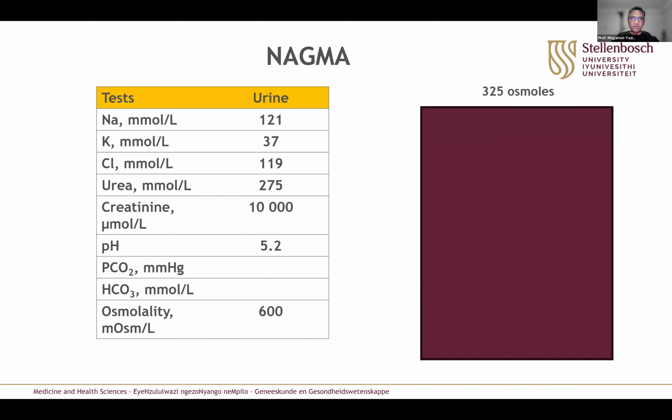And when we are looking at the urine charge here, we are interested in how much ammonium is being excreted in the urine. In other words, are the kidneys pumping out lots of ammonium in the urine in the face of metabolic acidosis?